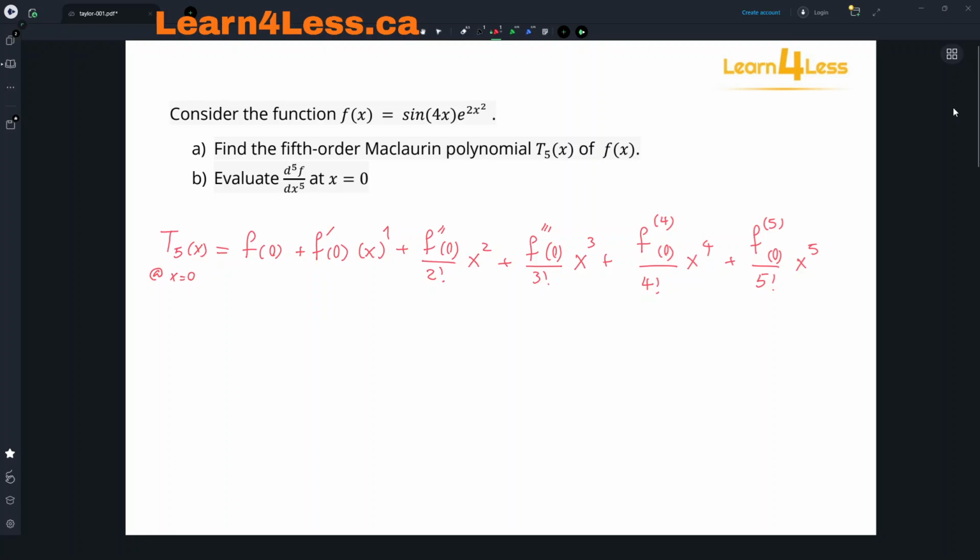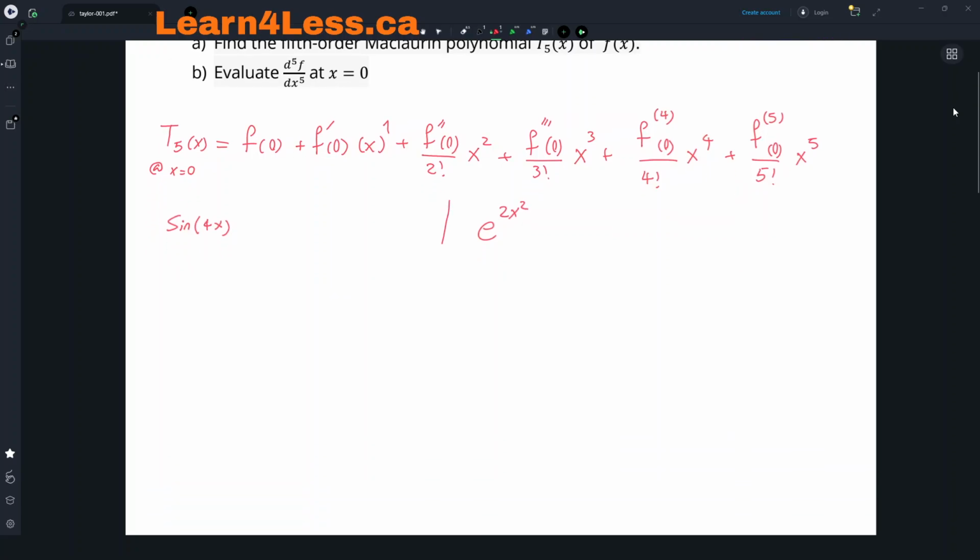process. So what we would do instead is writing the Taylor polynomial at 0 for sine of 4x separately, and for e to the power of 2x squared separately. So let's do them separately. But how?